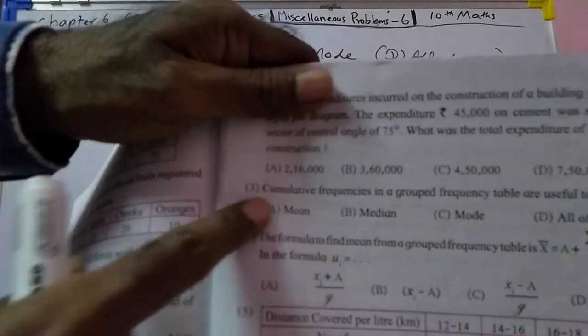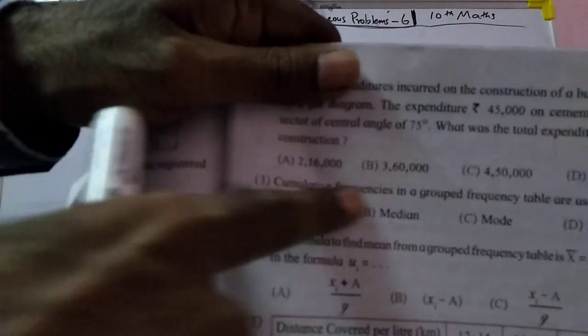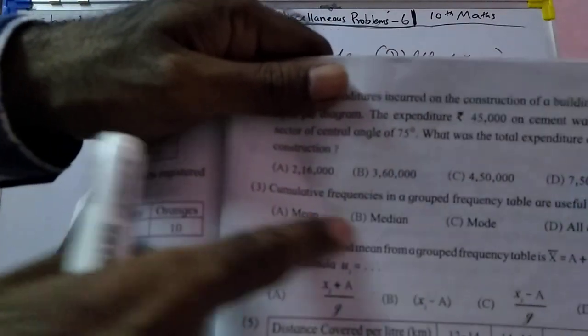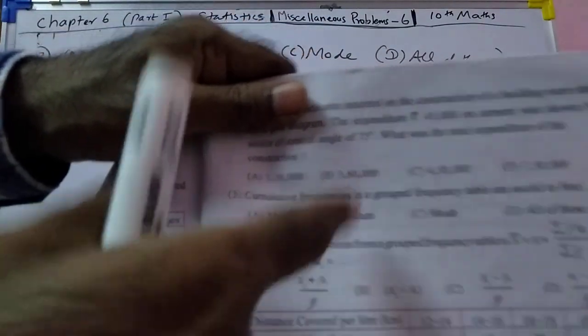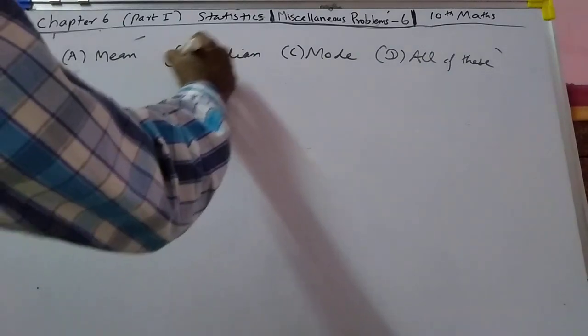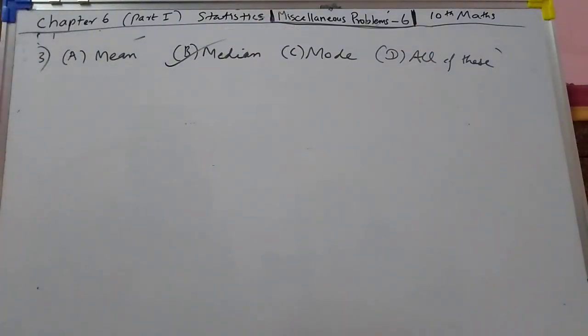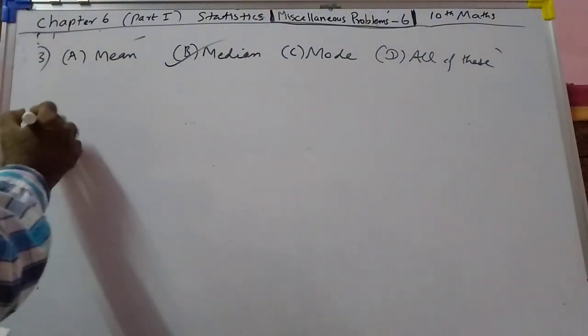Third problem. Cumulative frequency given means it will be median. Cumulative frequency, median. That's all you have to select. Then the fourth one is given.